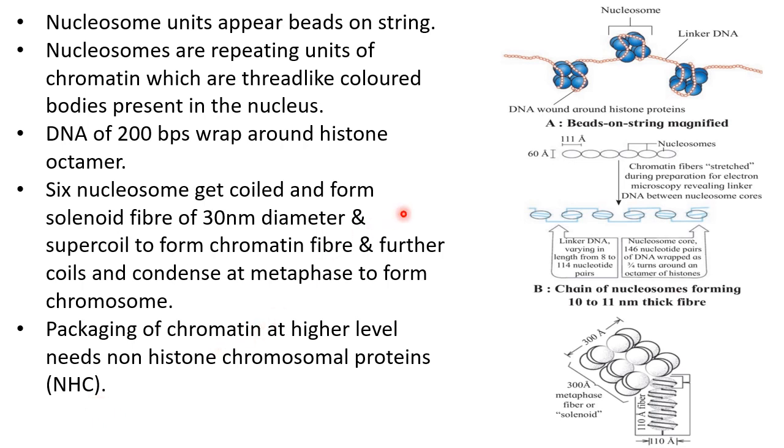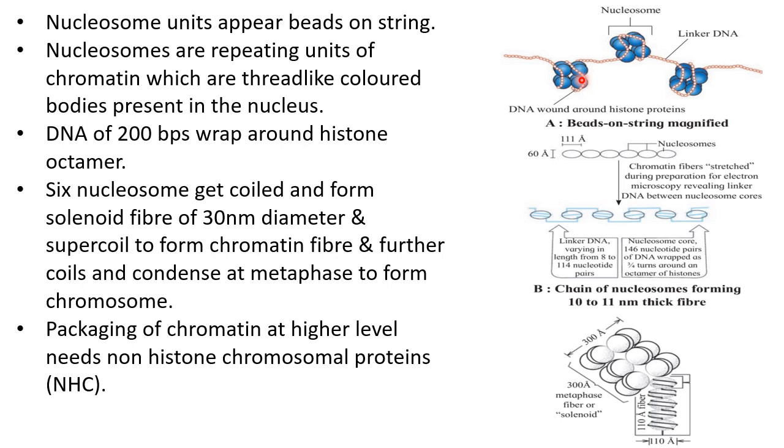Now here we see at the top that these are the nucleosome units. Here first one, then second, third, and so on. So these nucleosomes appear like beads on a thread or string. Then these nucleosomes are repeating units of chromatin, which are thread-like colored bodies present inside the nucleus of the cell.